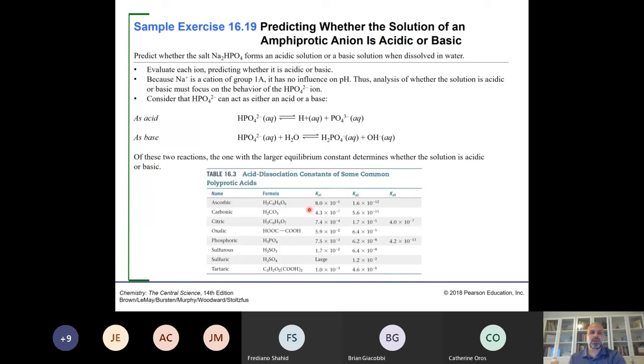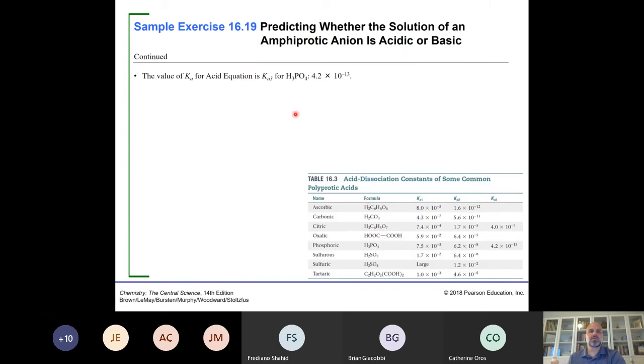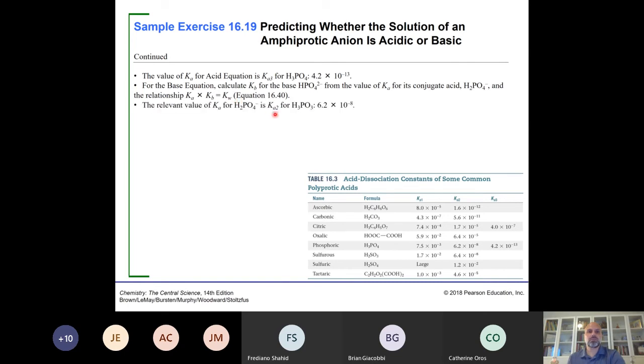We looked up H3PO4 because we realized that Ka1, Ka2, and Ka3 are all the relevant ionization constants. For the acid dissociation constant, we wanted Ka3, which was 4.2 times 10 to the minus 13th. We calculated the Kb from the Ka2.